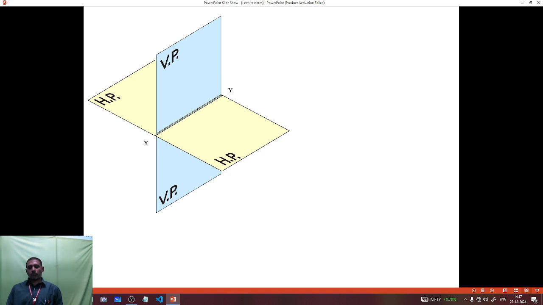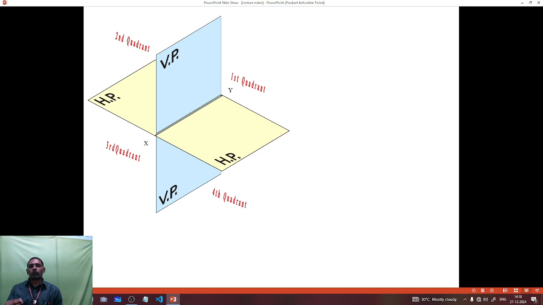The XY line is the intersection of the vertical plane and the horizontal plane. So this is the first quadrant, second quadrant, third quadrant, and next one is the fourth quadrant. See how to easily find out the fourth quadrant. It has a common reference, followed universally.